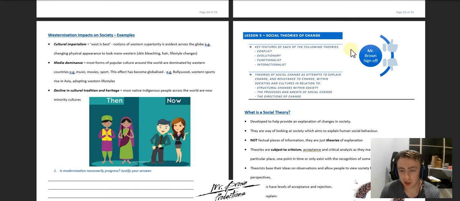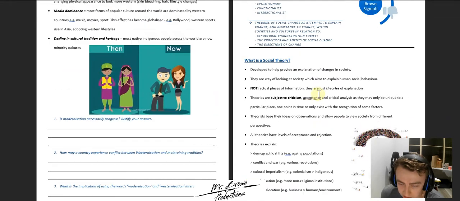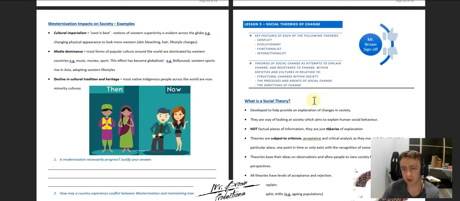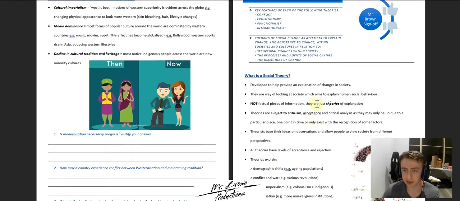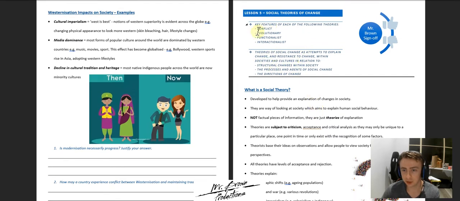So before we get into conflict theory, we're going to look at what a social theory is in general, just to help us understand the framing and context of it. So we've got two key dot points here with a lot of sub dot points to go underneath it. I think it's probably a good idea to cross off each theory as you do it so that you know where you're up to, up here as well.